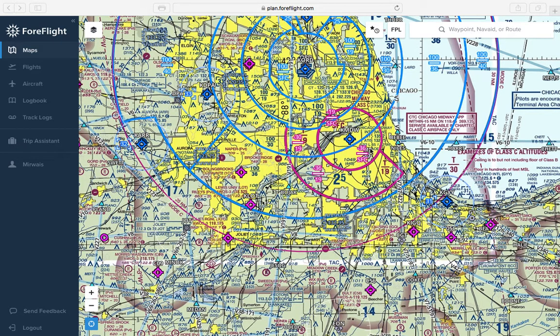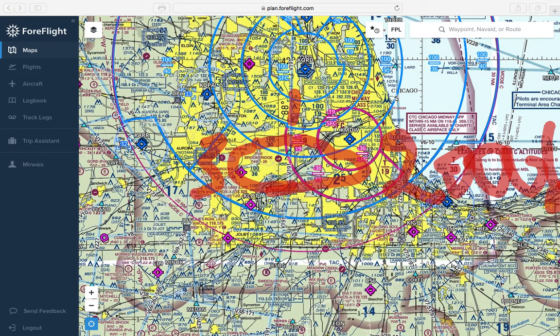Cloud clearances inside Charlie airspace are 3152. Three statute miles visibility, 1,000 feet above clouds, 2,000 feet horizontally, and 500 below.